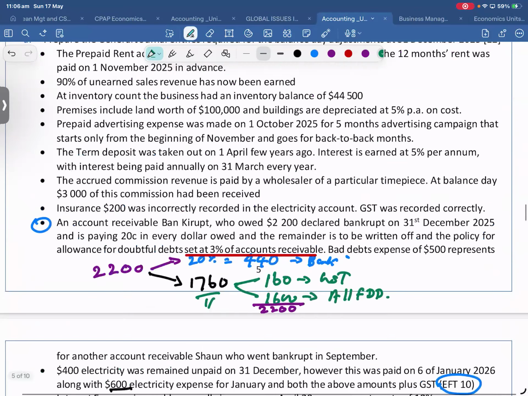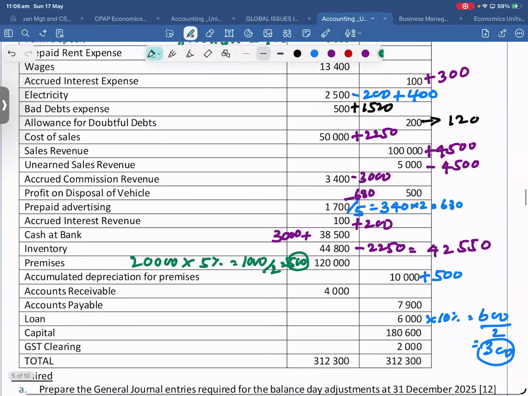Next one, guys. Prepaid advertising. How much? So it should be 1700. Take away 680, yes, which is 1020. Yep. Accrued interest revenue 300.